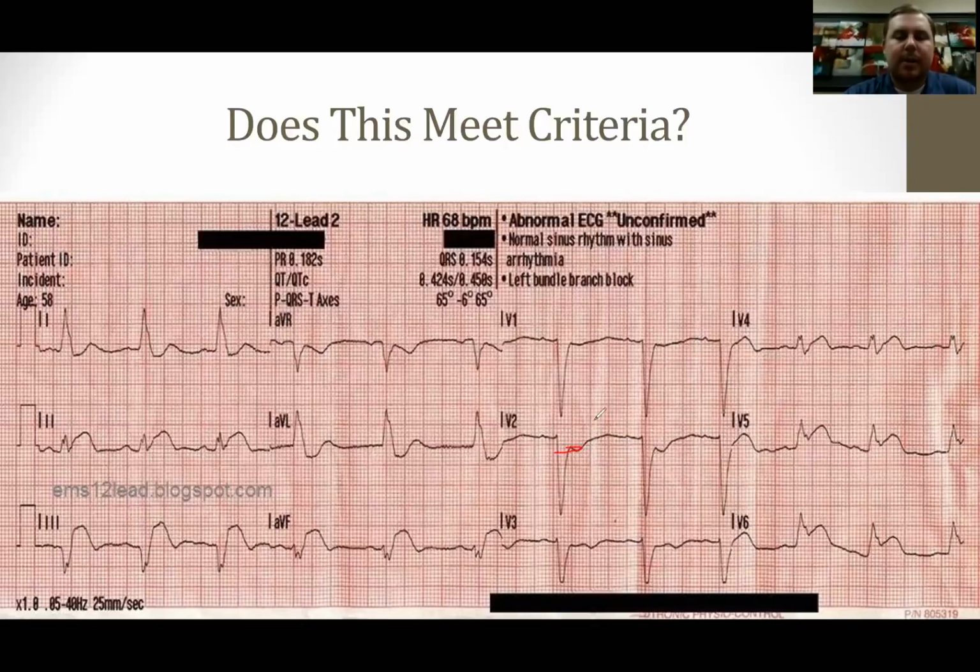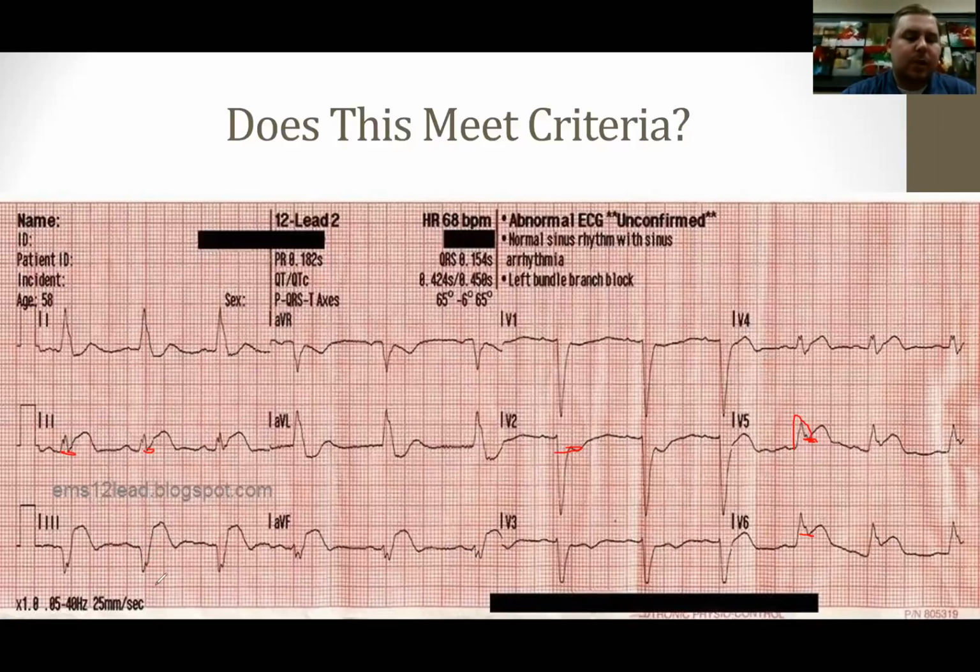But if you keep looking, it looks like I have concordant ST elevation, so I have a positive QRS with ST elevation. Same thing with V6. And then finally, I'm looking for any more concordant ST changes, which isn't present. Maybe out here, but it's not really 1 millimeter though.